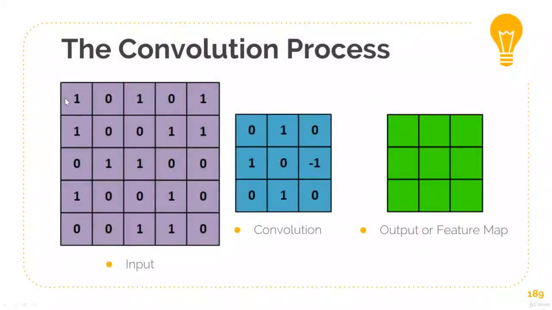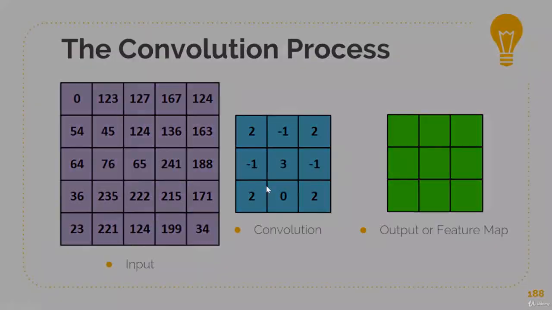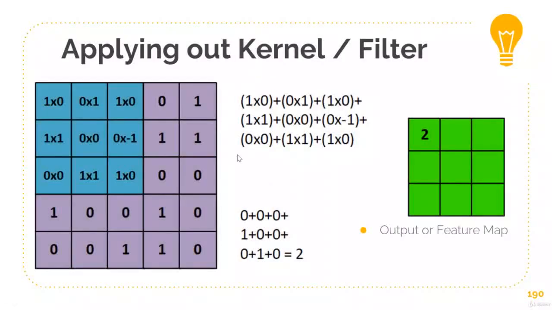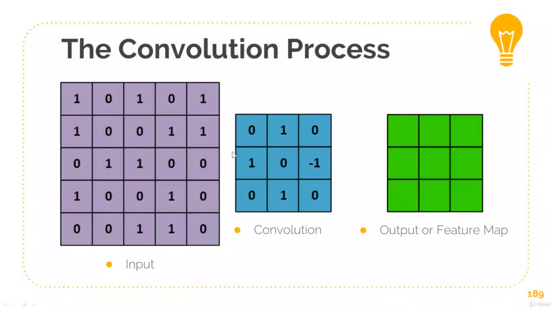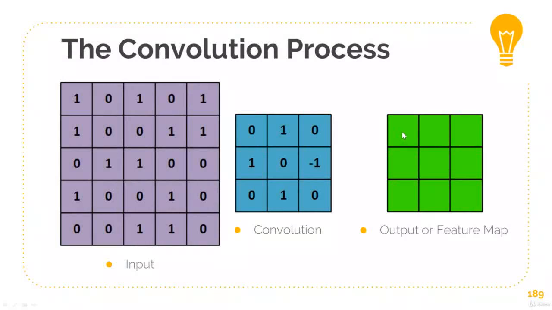I actually didn't use the original values, mainly for simplicity purposes, so I changed them to these values here to make this calculation far easier for us. So by multiplying these two together, we get 0 by 1, 1 by 0, 0 by 1, 1 by 0, 0 by 1, 1 by 0, and so on, and we just add it up and we get 2, and that forms our first output feature in this box here.